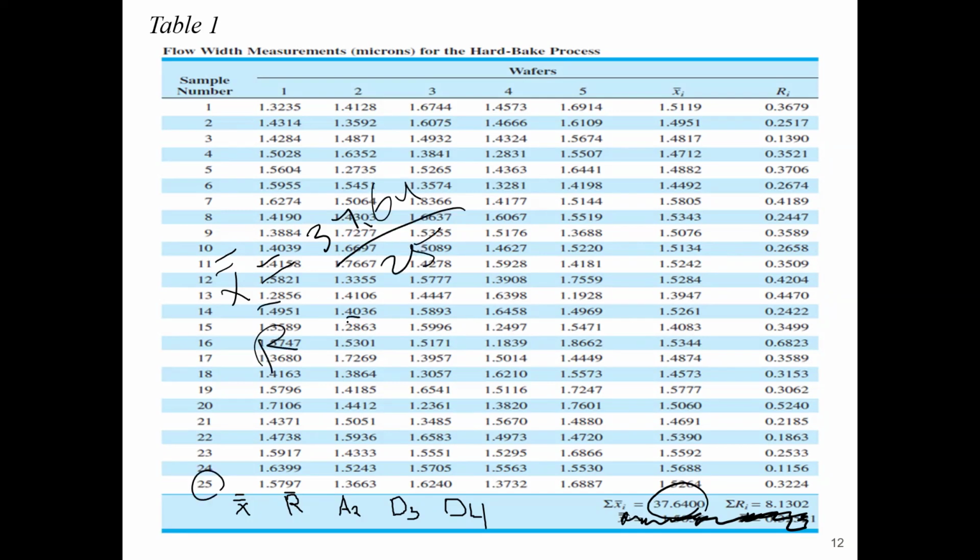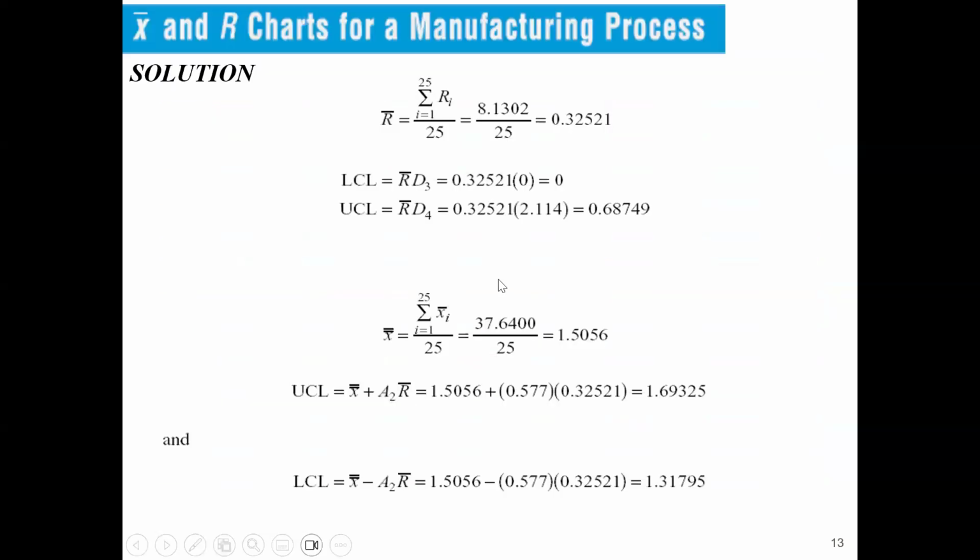R bar is equal to this total, 8.132, divided by 25. So now I have the X double bar and R bar. This is my X double bar. This is my R bar. So based on the equations, for the upper control limit X bar, I need X double bar.